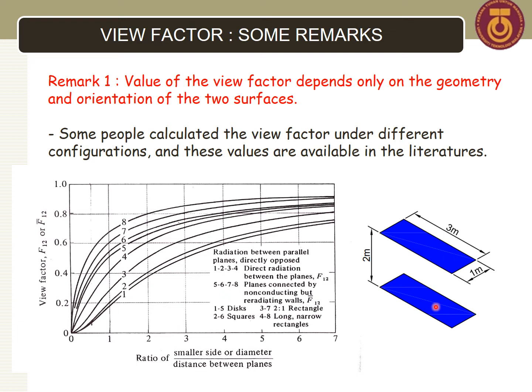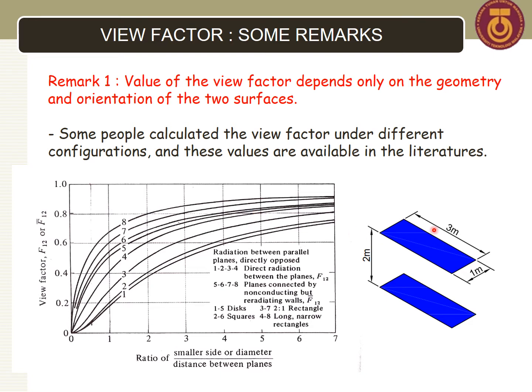Any radiation that falls on the re-radiating wall will be reflected back and will reach the other plane. That's why curves 5 to 8, for the case with two planes connected by re-radiating walls, generally have a higher value of F12 as compared to curves 1 to 4.